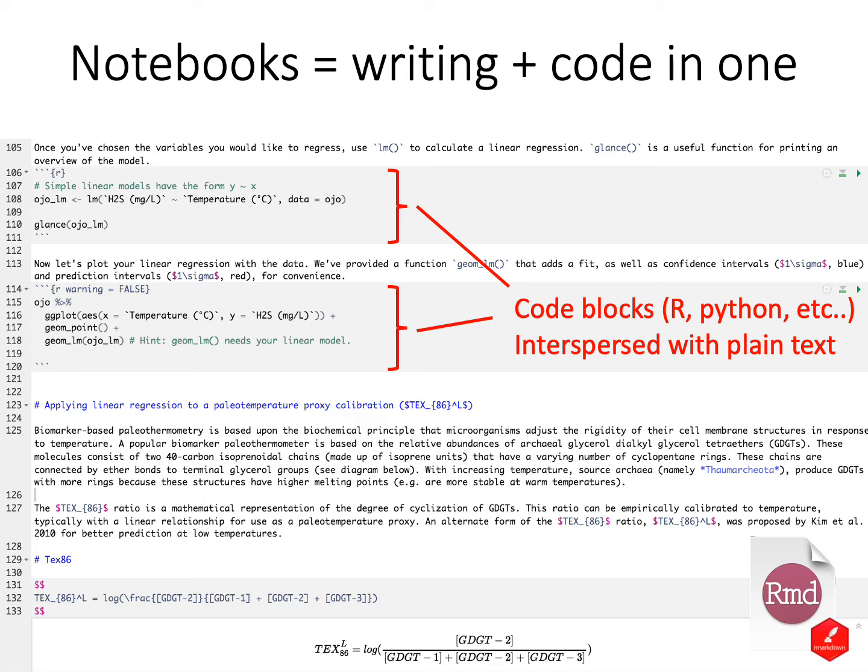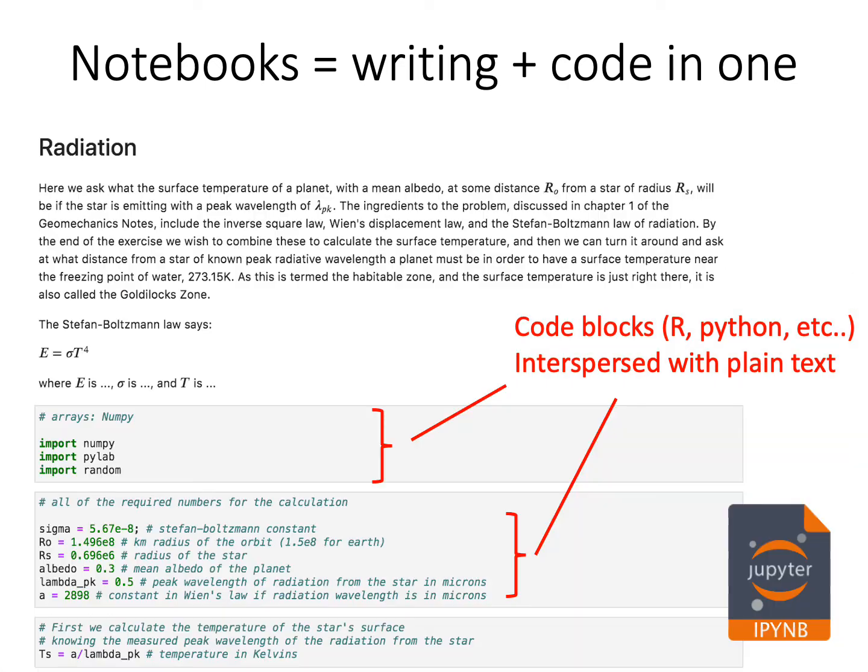So here is an example of an R Markdown file that has several code blocks highlighted in gray, and those could be in R or Python or a number of other programming languages. The same concept exists for Jupyter notebooks, which support R, Python, Julia, and other languages as well, where you have text and code all in the same document.